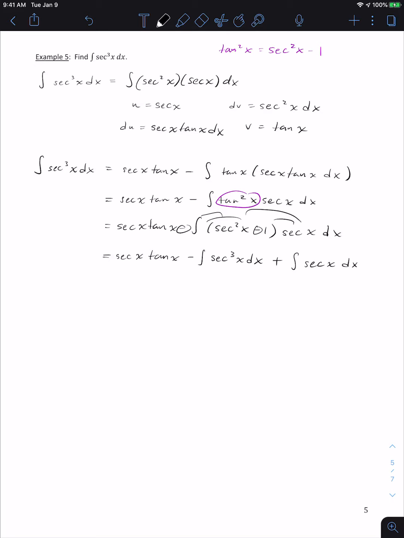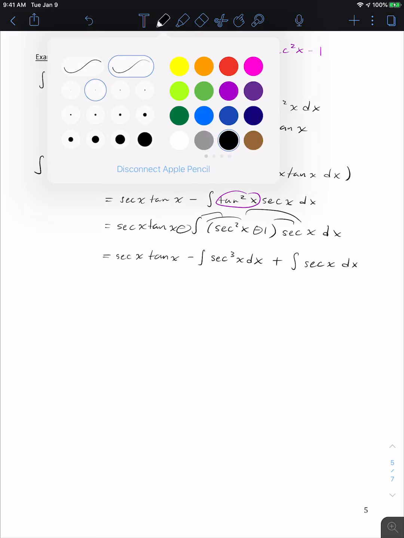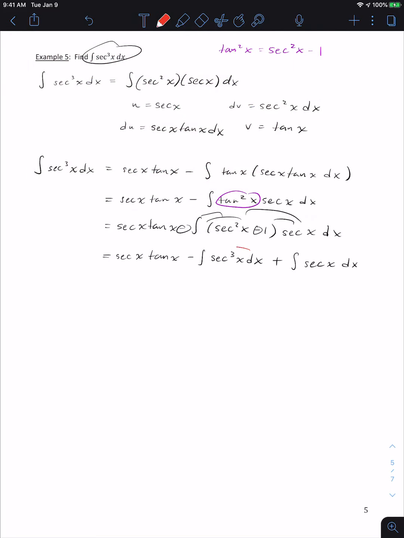Okay, so we're here. You're like, oh crap, we started out with secant cubed and we got a secant cubed, right? That's not necessarily a bad thing, because notice this is an equation. So what I can do is add the integral of secant cubed x dx to both sides.